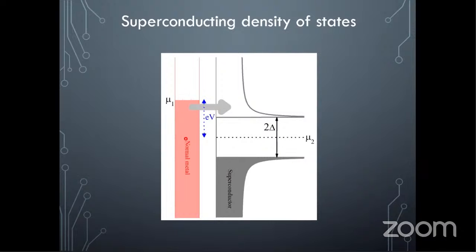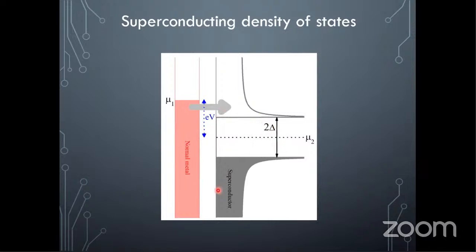So electrons are filled up to mu2 minus delta. If one varies the Fermi energy of the normal metal, electrons will tunnel if mu1 is higher than mu2 plus delta. That means if mu1 is somewhere here, then tunneling will happen. If mu1 comes down to some place here, which is about mu2 plus minus delta, then there will be no tunneling.